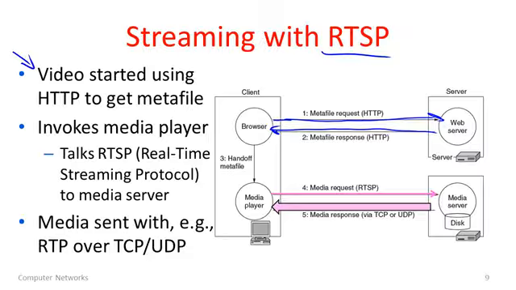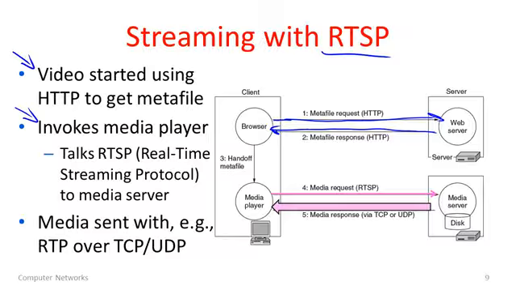Now, the HTTP response doesn't actually contain the video. This might be a gigabyte or something, and you don't want to transfer all of that before beginning to look at it. It really contains some meta file. The meta information is typically that the protocol used to play out the video is RTSP, so you might have seen URLs of the form RTSP://, and then other information about what server to contact and what the file name is.